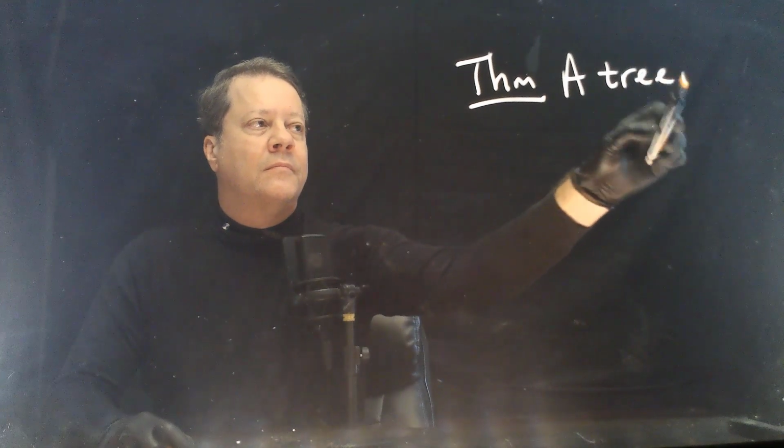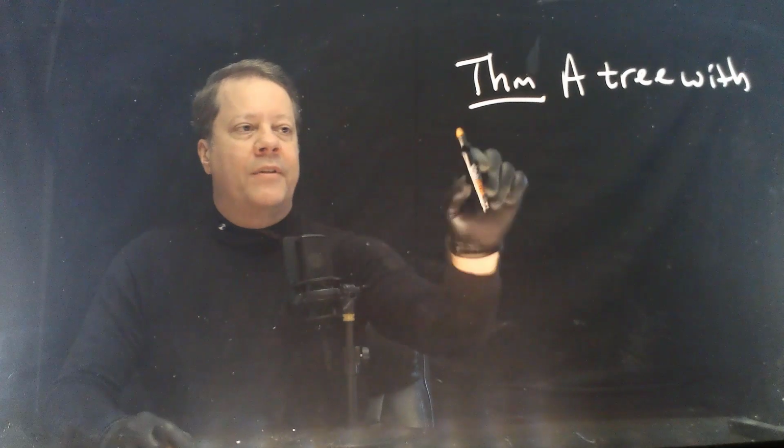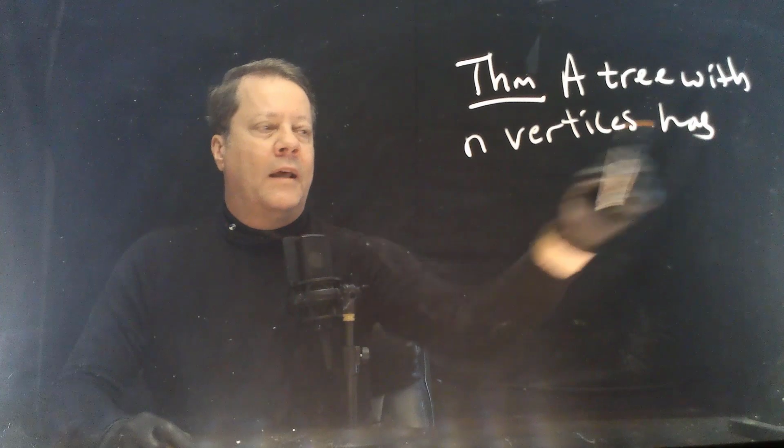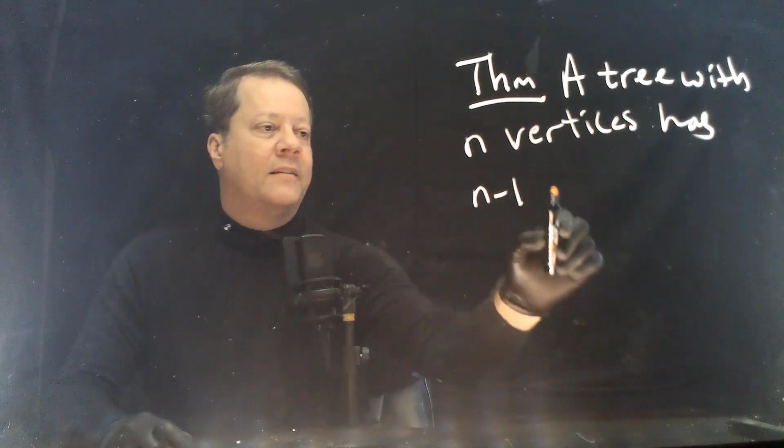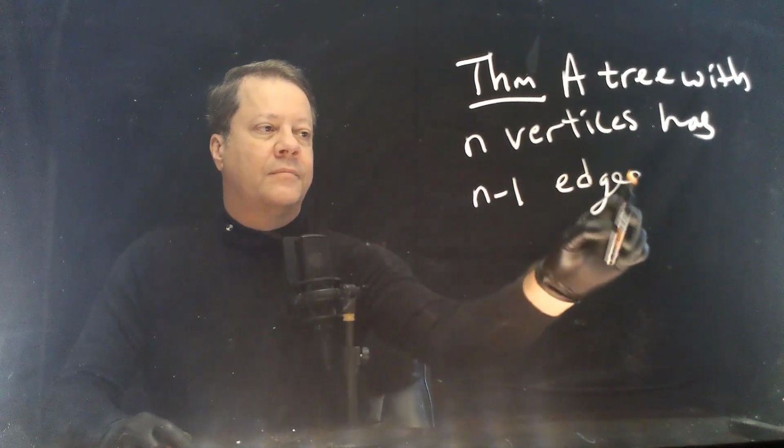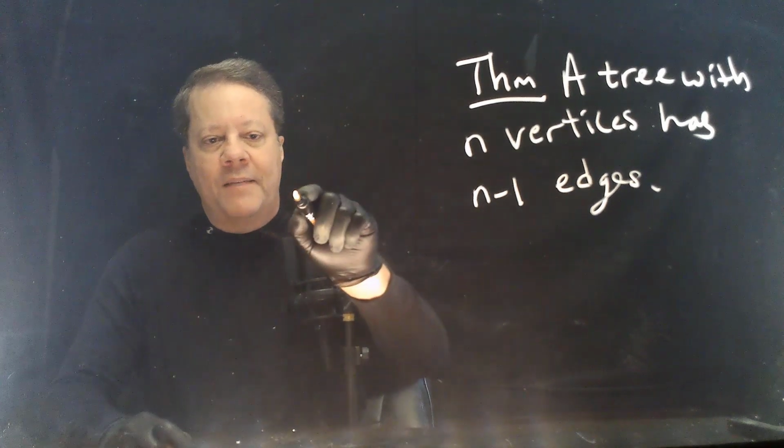There are some basic theorems about trees. A tree with n vertices has one less than that edges. Let's look at an example.